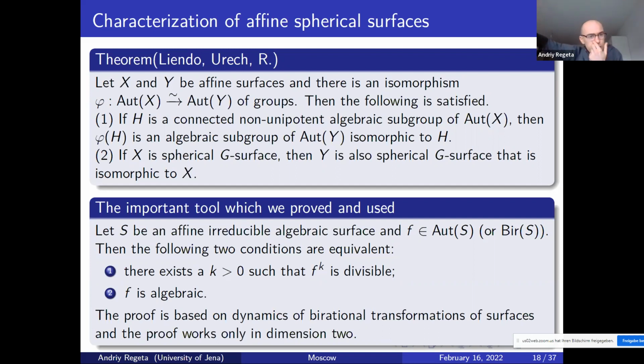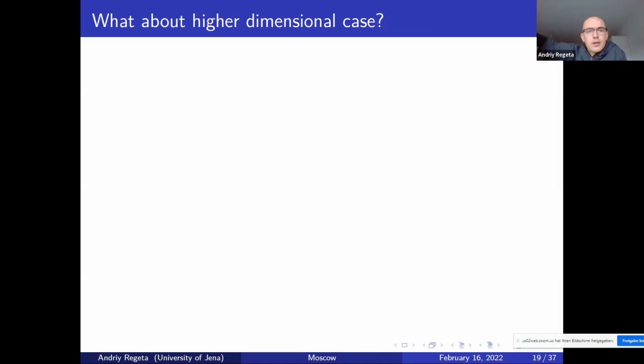And it would, of course, be nice to prove something using this machinery which we developed for some other surfaces, let's say non-toric and non-Danilevsky surfaces. What about the higher dimensional case? You see this approach, which I discussed, does not work in the higher dimensional case.